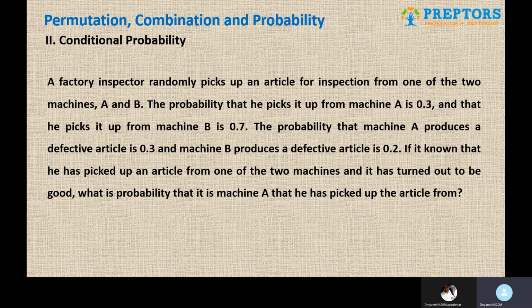The probability that machine A produces a defective article is 0.3, and machine B produces a defective article is 0.2. If it is known that he has picked up an article from one of the two machines and it has turned out to be a good article, what is the probability that the machine that he has picked up the article from is A?